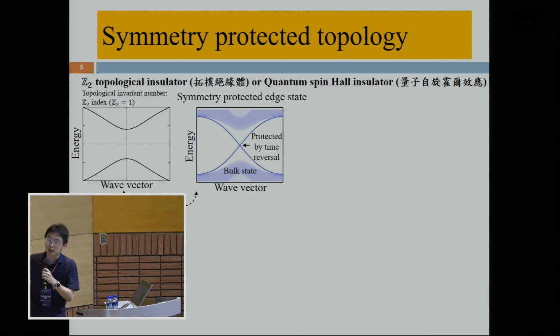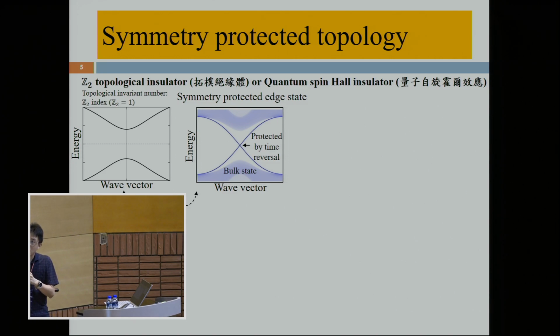Besides the quantum anomalous Hall insulator, another type of topological phase, the symmetry-protected topological state, has attracted attention in the past 2 decades. For example, the quantum spin Hall insulator or 2-dimensional topological insulator.